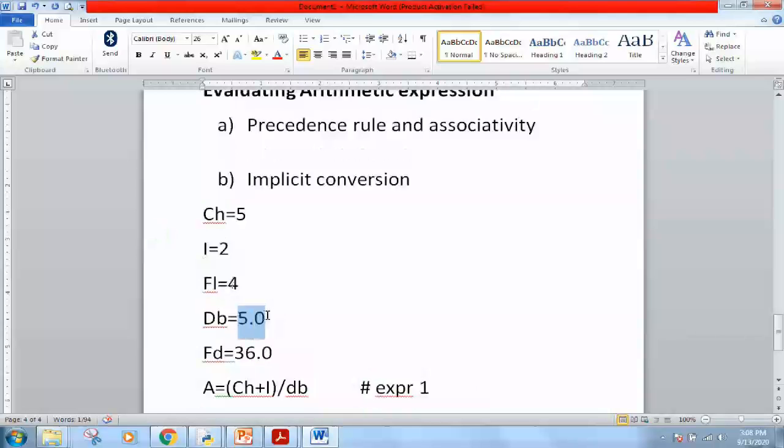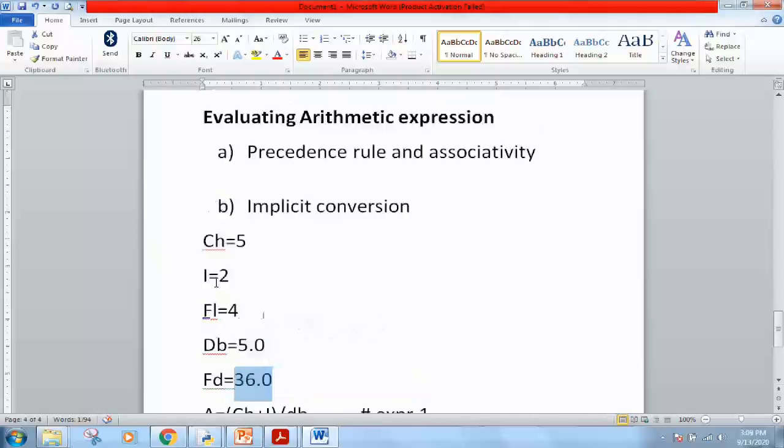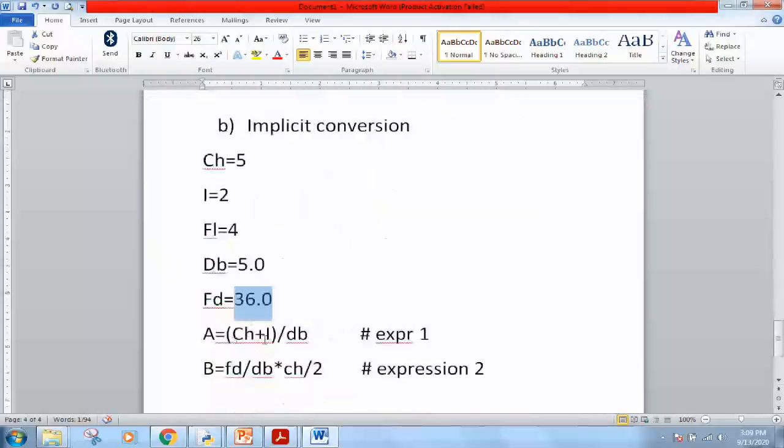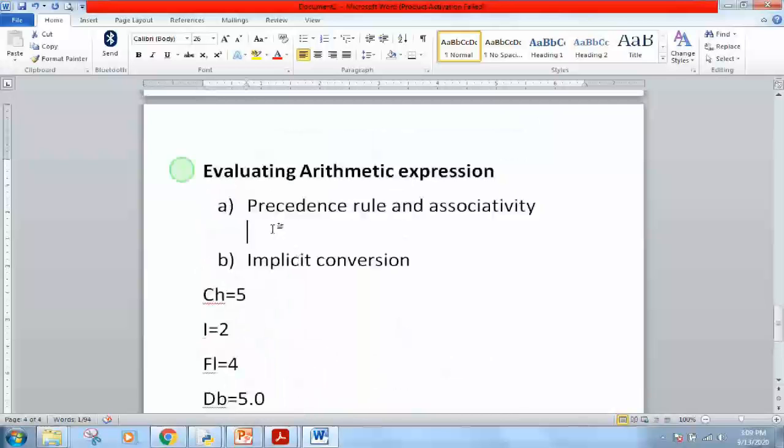How can you see that something is a float? It is decided by the decimal point. These are the floating numbers and these are the integers. Now, in an arithmetic expression there are always operators and operands, so first you should know the operator precedence rule.